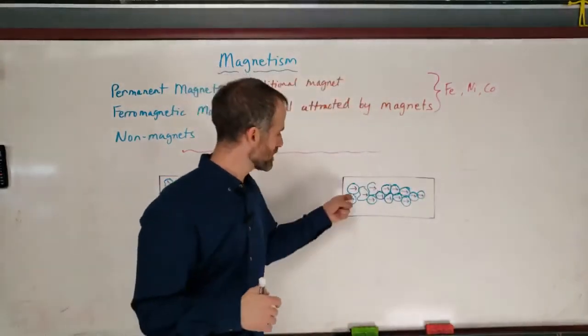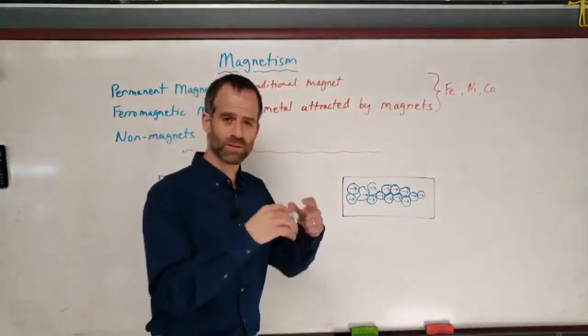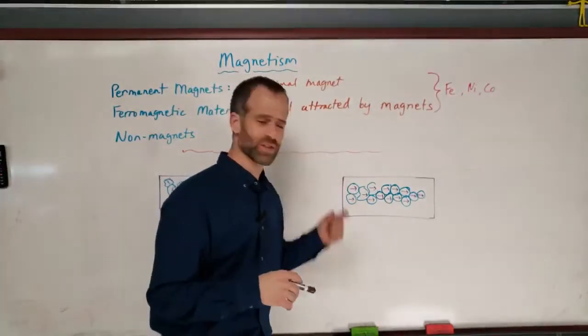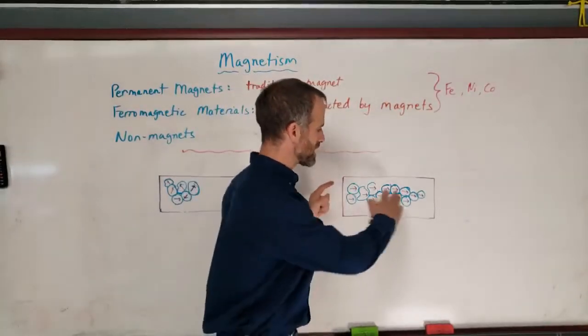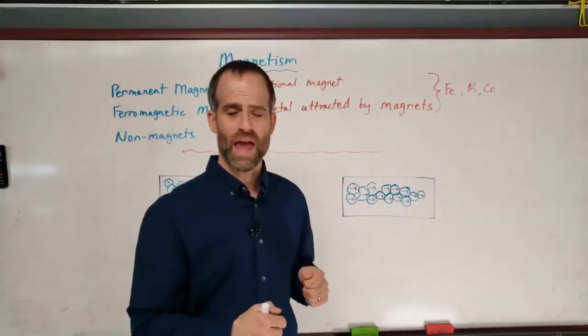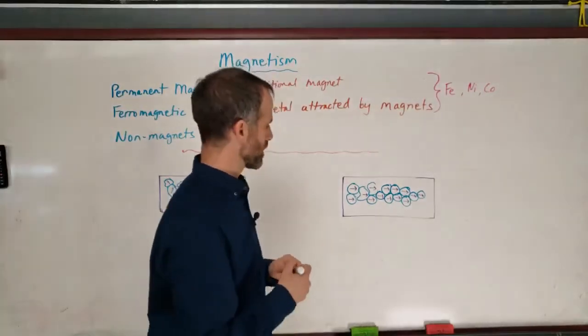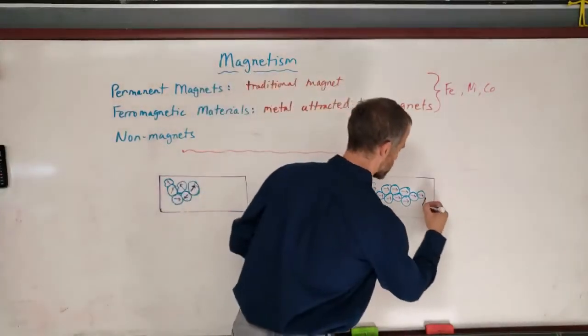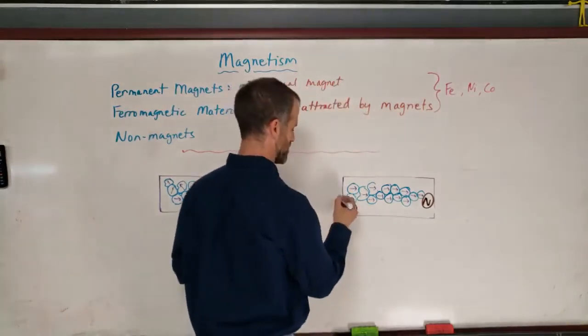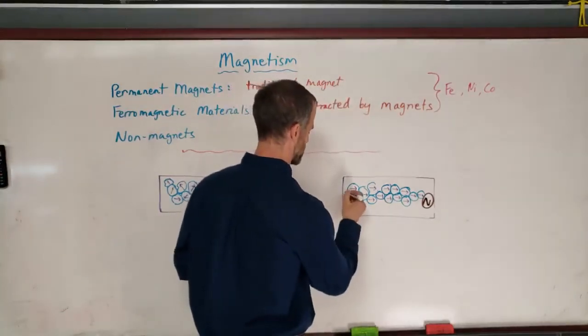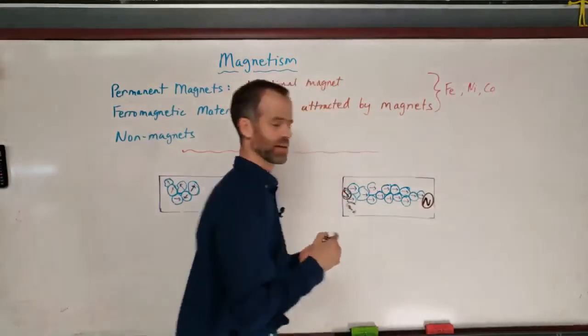If they are spinning in the same direction, now I know we're talking about spinning electrons, and I'm just showing it with an arrow, but if they're spinning in the same direction and they all line up, we are going to have a magnet. And we're going to end up with a north pole for the magnet and a south pole for the magnet, right? South at this end and north at that end.